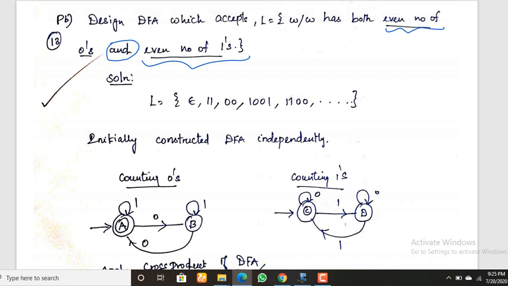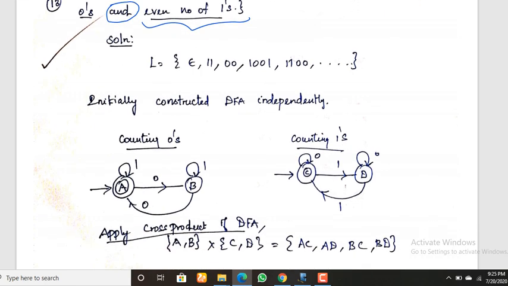For this problem, we are going to draw the DFA using cross product or Cartesian product. In this problem statement, two cases are there. The first case is even number of zeros, and the second case is even number of ones.